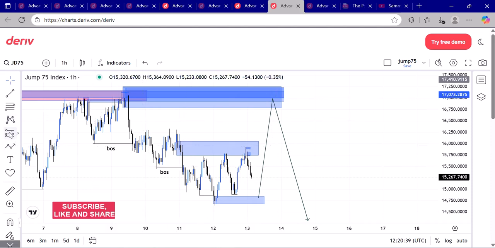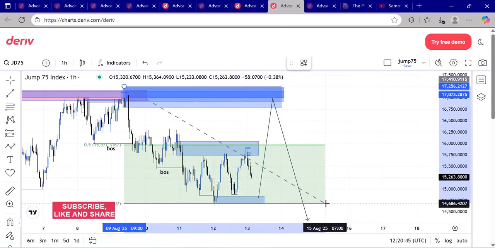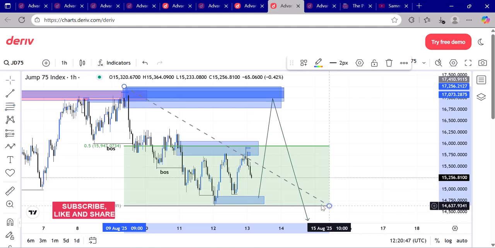So if I pick our Fibonacci retracement, this was our previous high and this was our previous low. If I do this, you discover that this gives us our trading range. So here is our premium and here is our discount. What does it mean? When price gets into this zone, we are looking at buying, moving up. But when price gets to this other zone, we are looking at selling.